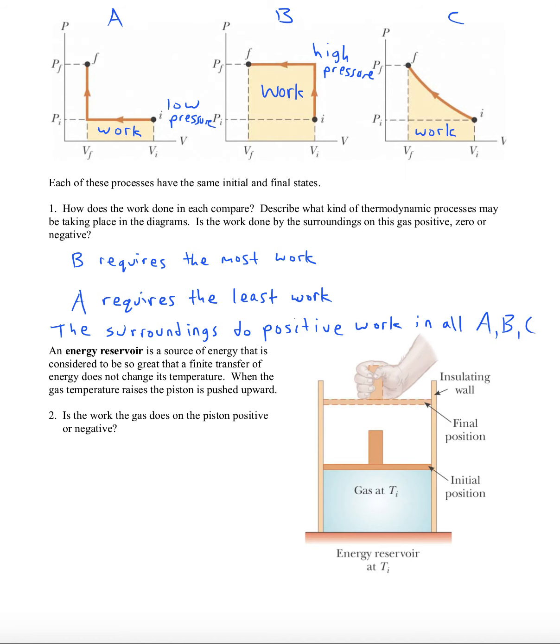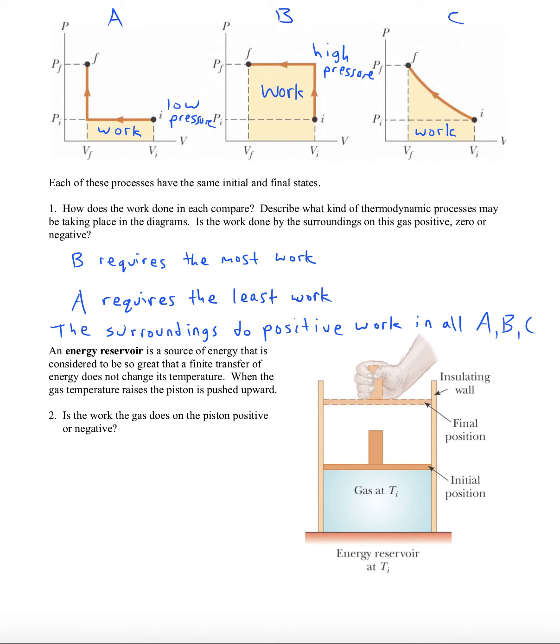In all A, B, and C diagrams, positive work is being done on the gas. You could think of it as a person physically pushing the piston down. They're applying a force and the gas compresses. So it's positive work that they're doing.